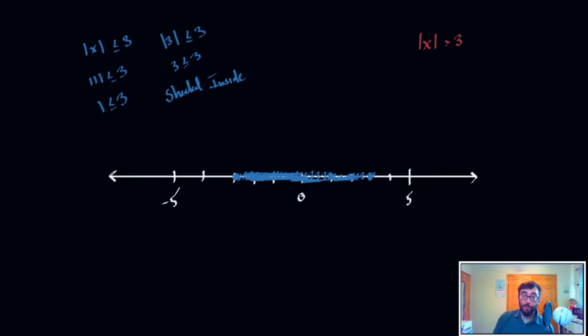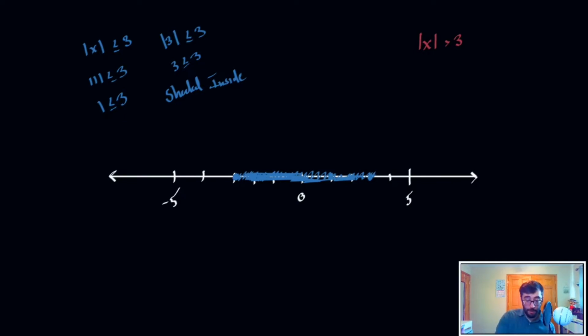It's an infinite number of solutions, because there's an infinite number of numbers just in between negative 1 and 0. But they have to be greater than or equal to negative 3 and also less than or equal to positive 3.